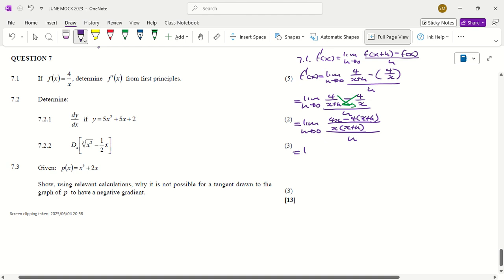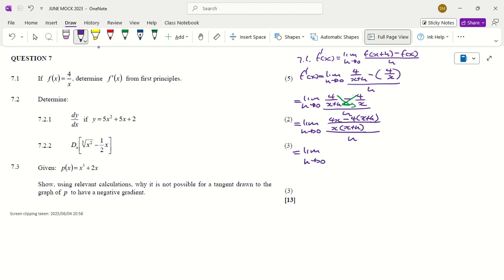So now I have the limit of h approaching 0 equal to, in the numerator, 4x, and then I distribute the 4 here, minus 4x minus 4h, over x times x plus h, and then this is going to be divided by h.